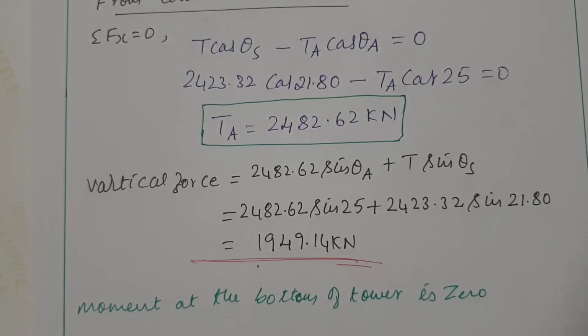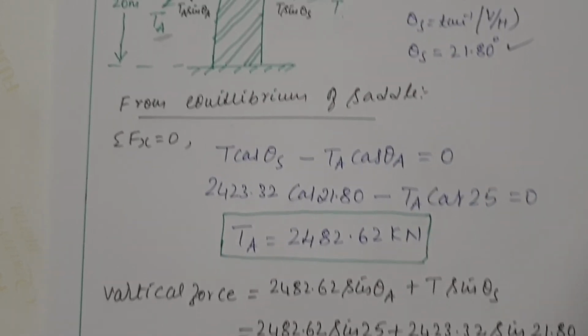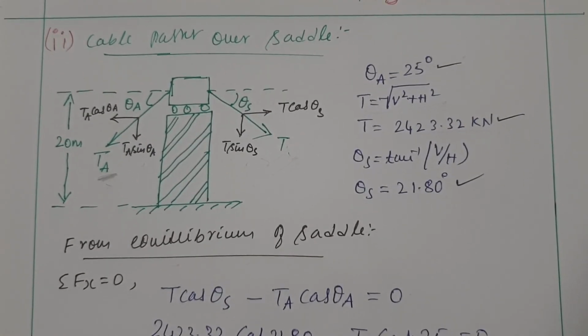And if they ask you to find the tower forces for a cable passing over shuttle or roller support, then you have to follow the second case. Keep that in mind.